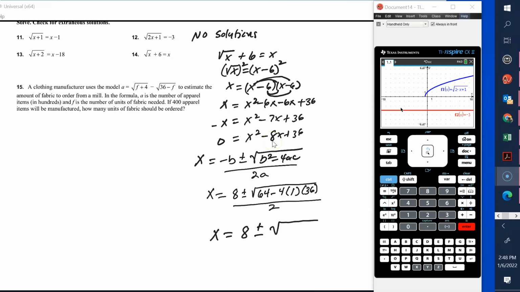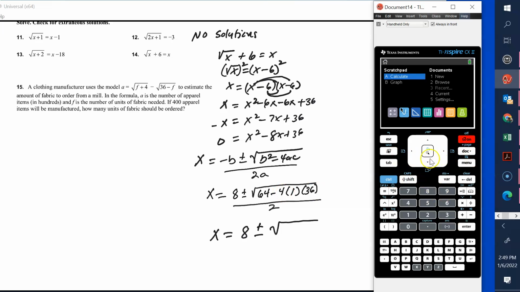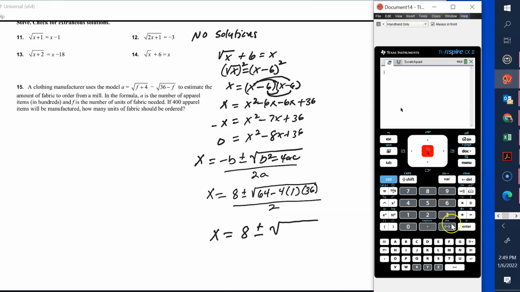In this case, b was negative 8. Negative 8 squared, 64. So we're going to go to the home screen. So we have 64 minus 4 times 36, and you notice it's negative 80. So it's imaginary.